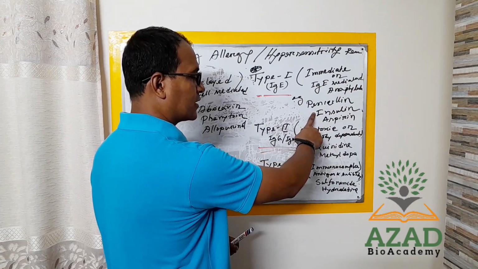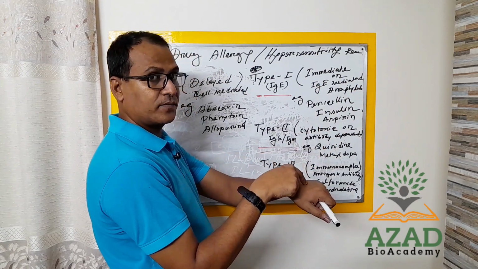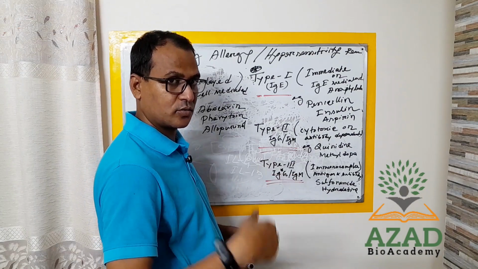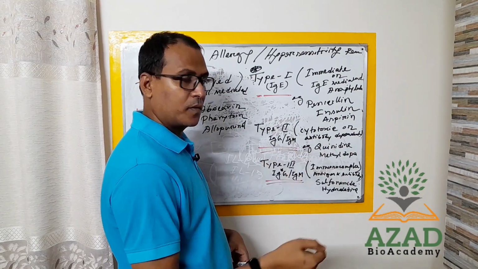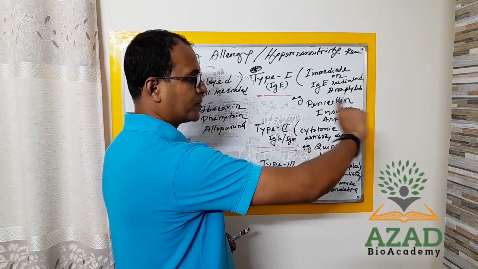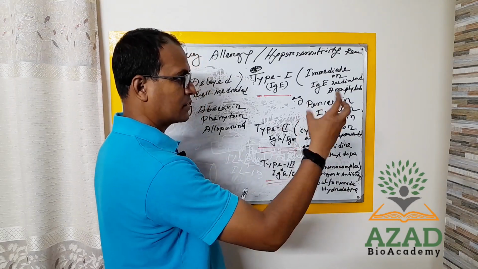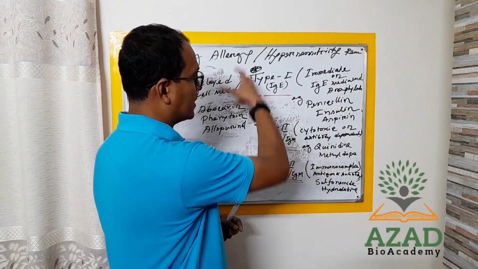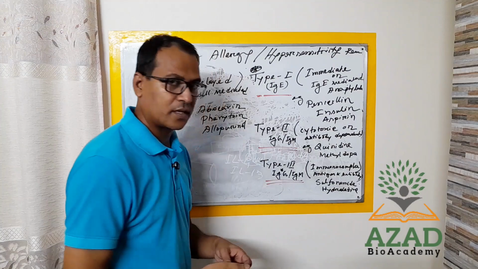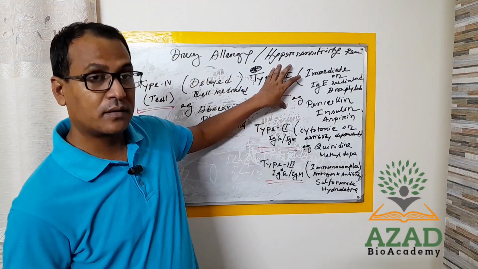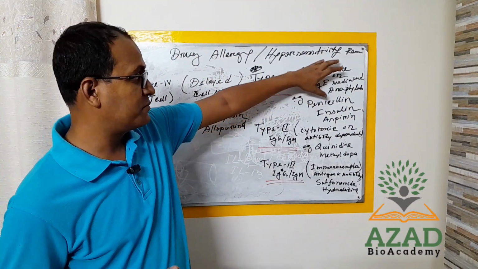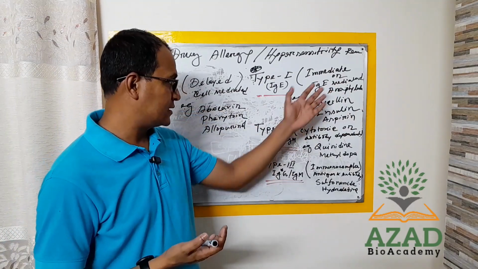Also insulin can cause allergy at the site of injection, that is subcutaneous. When we inject, the injected area can be inflamed by causing allergic reaction, and also aspirin can cause type 1 hypersensitivity reaction, immediate, or you can say IgE mediated.